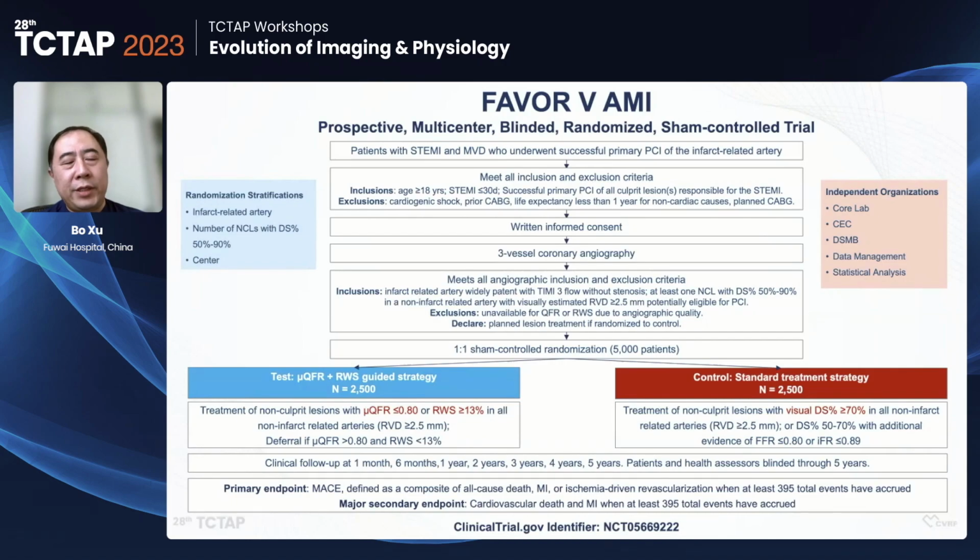In brief, patients with STEMI and multivessel disease who underwent successful primary PCI of the infarct-related artery and who had at least one non-culprit lesion with diameter stenosis between 50 and 90% in a non-infarct-related artery. 5,000 patients will be randomized to the testing group, muQFR plus RWS-guided strategy, or the control group, standard treatment strategy. The study is powered for a primary endpoint of MACE and the major secondary endpoint of cardiovascular death and MI with an event-driven design.